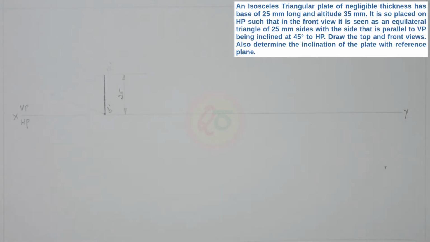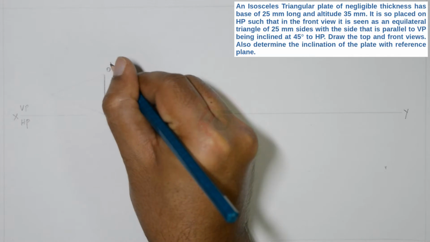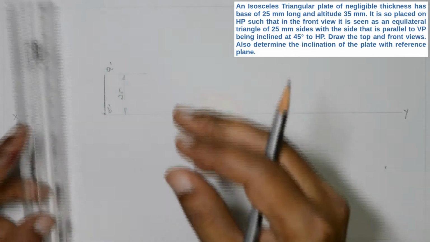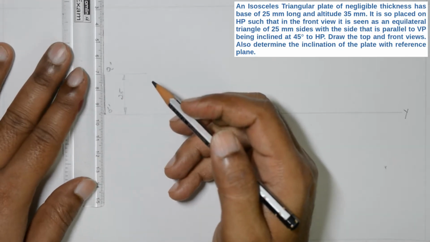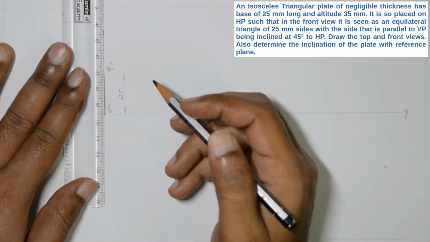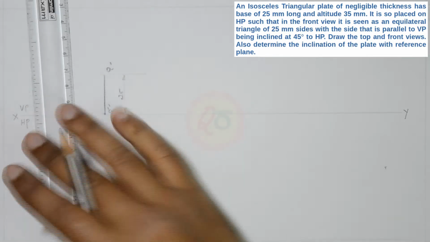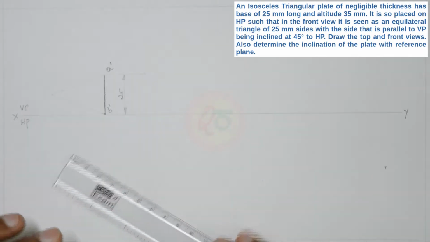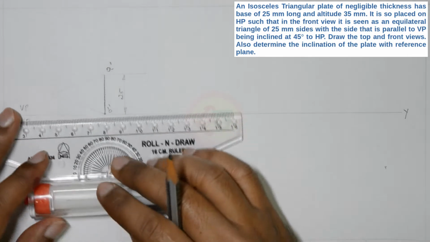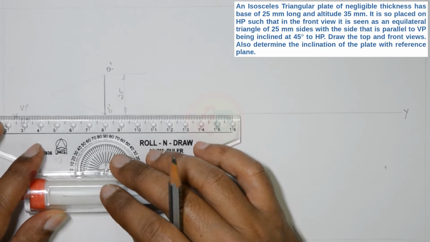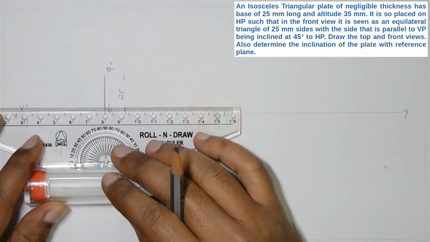So draw an isosceles triangle first. Initially draw the 25 mm line, mark A dash and B dash, and measuring the midpoint of 25, which is 12.5, draw a 35 millimeter line with a 2H pencil.